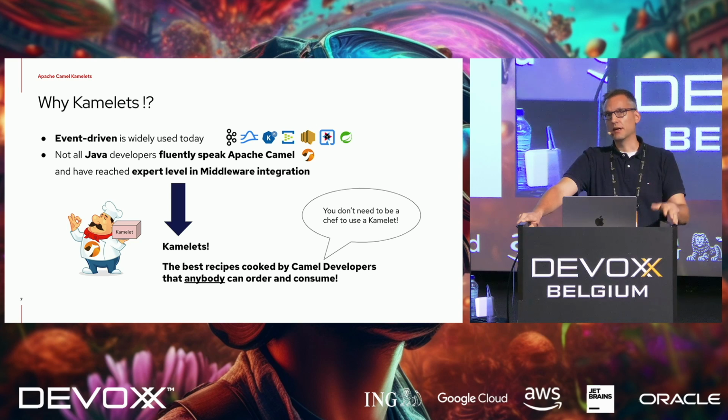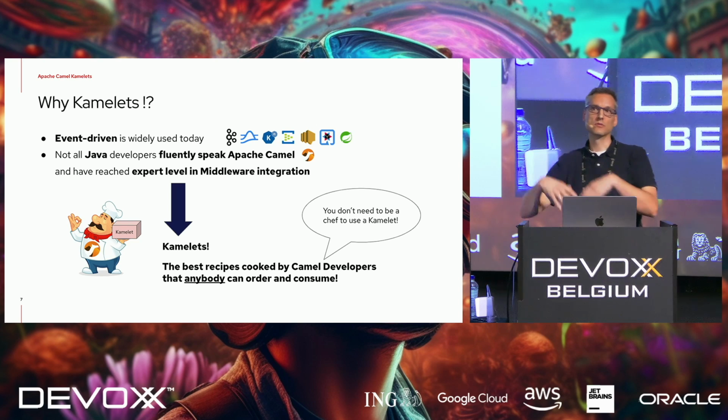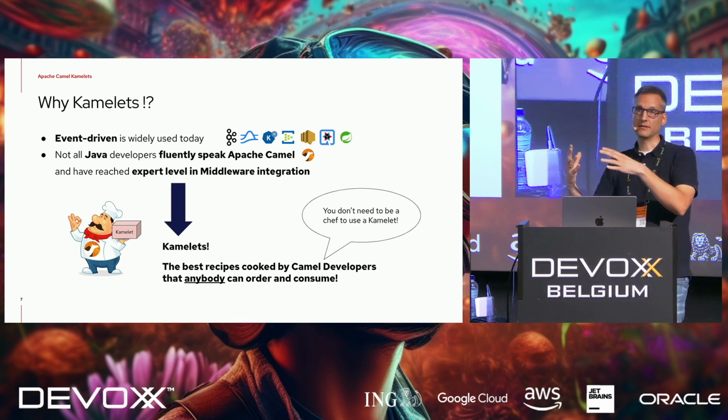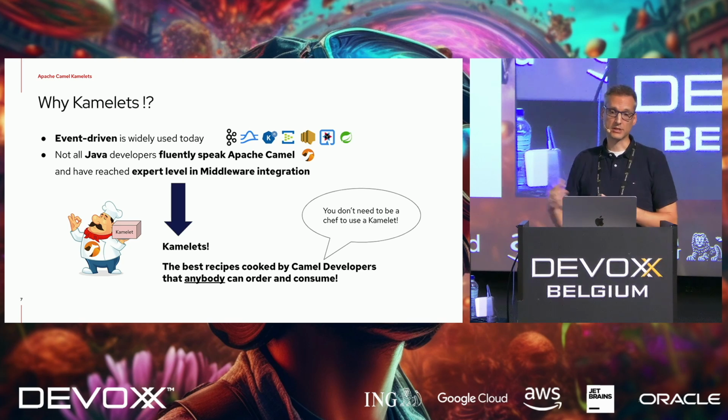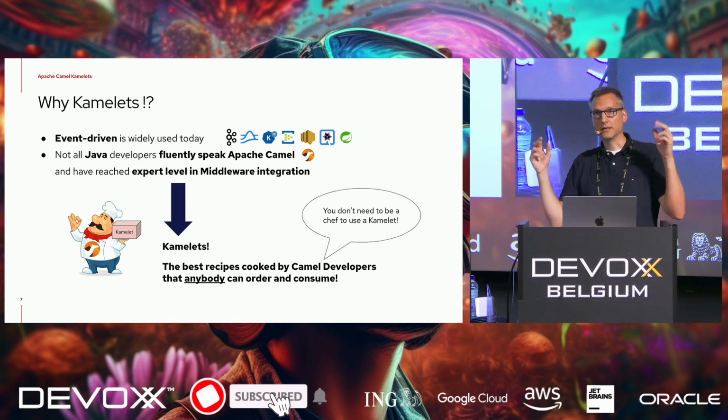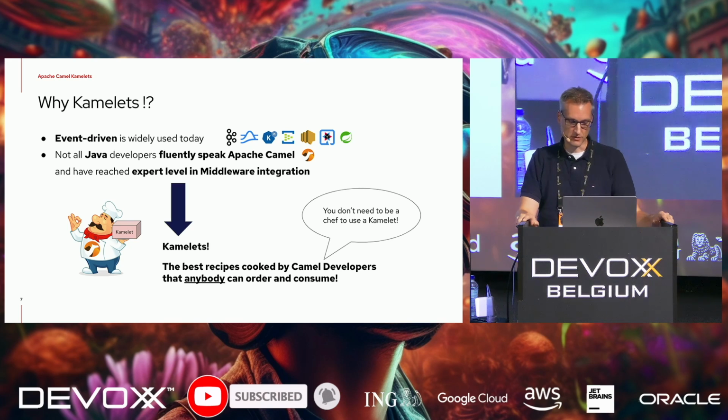But still, there are some integration challenges that need expert level knowledge, and not everybody has this. So a Camelet is an additional abstraction layer that reduces the complexity for you, so that you can just use the Camelet and the power of Apache Camel behind it without being a Camel chef yourself.